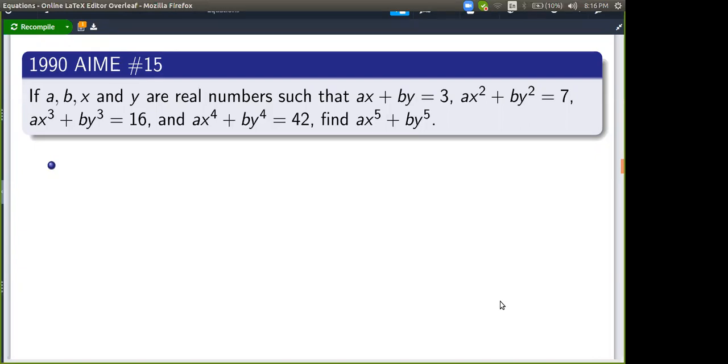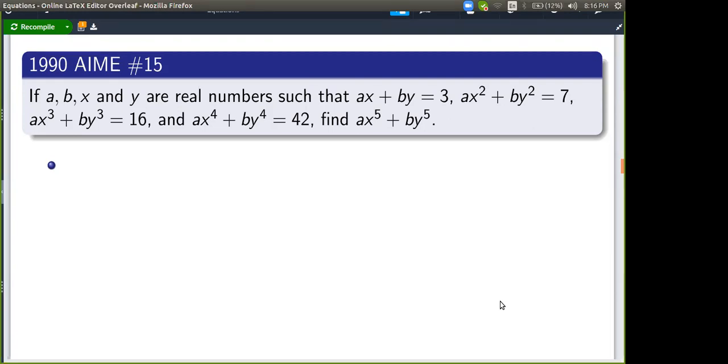So someone said in the chat to try multiplying the first equation by x plus y. So this looks pretty good because we can try to get the next exponent. First, if you look at this, we have a times x to the n plus b times y to the n for n going from 1 to 4.